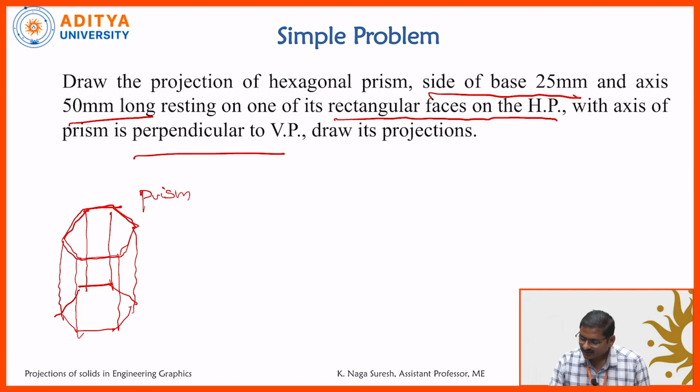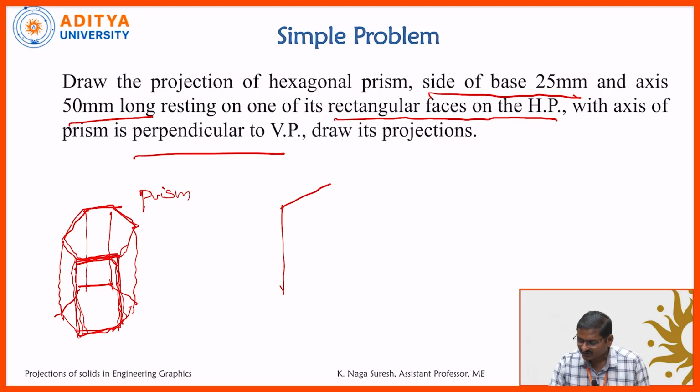So, here in this hexagonal prism, the prism is resting on one of its rectangular faces. There are 6 rectangular faces. Each edge of the bottom and top plane is connected with 2 vertical lines, that is nothing but a rectangular face. Out of the 6 rectangular faces, one rests on the horizontal plane.